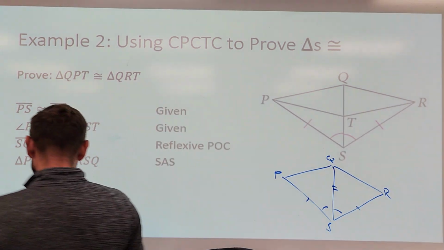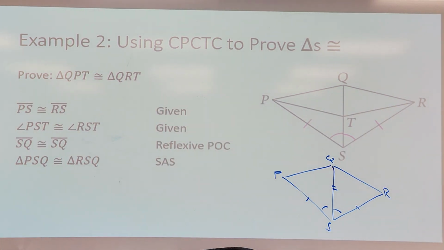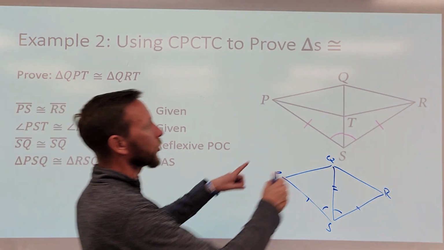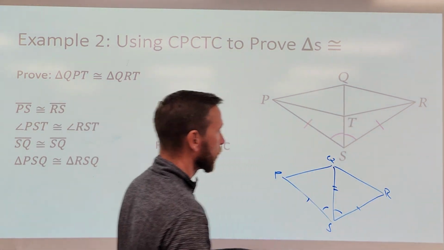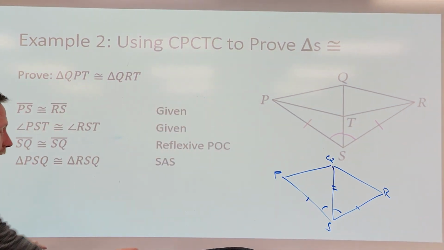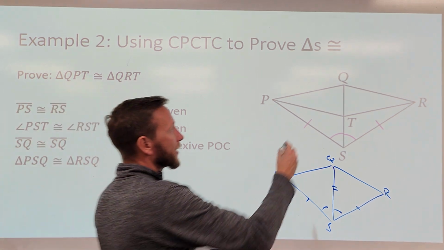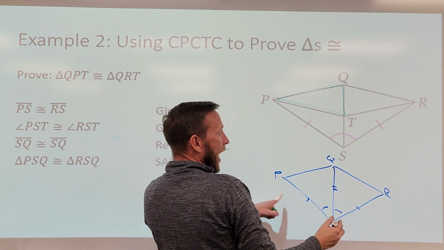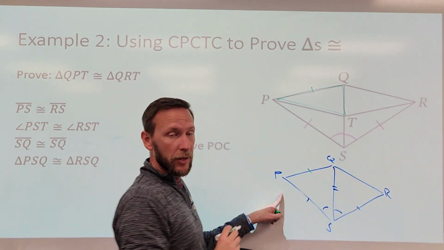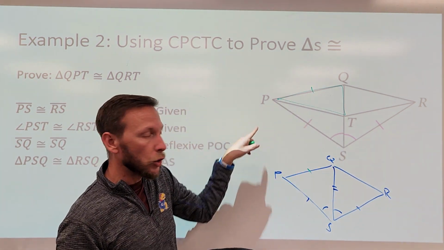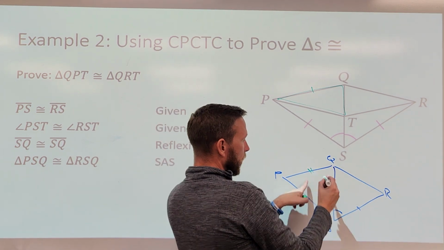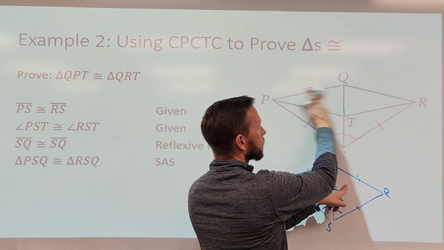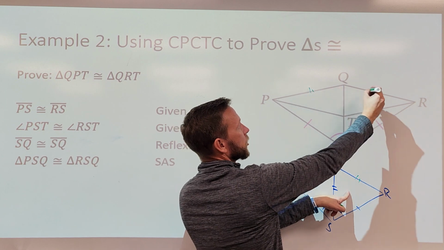All right, now that that's done, I can get a little creative because I want to show that these two triangles are congruent. And there's a couple ways in which we can think through that. Looking at this little triangle right here, it has the same segment, QP. Well, we know that QP is congruent to QR from CPCTC over here.